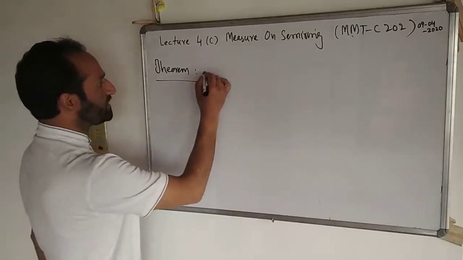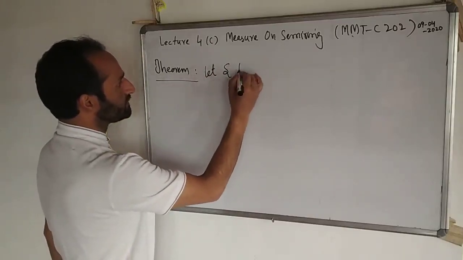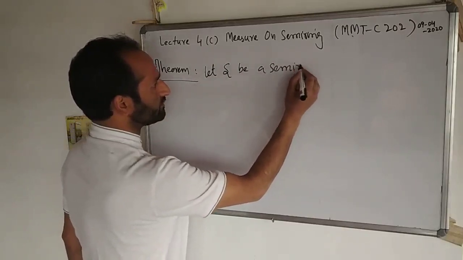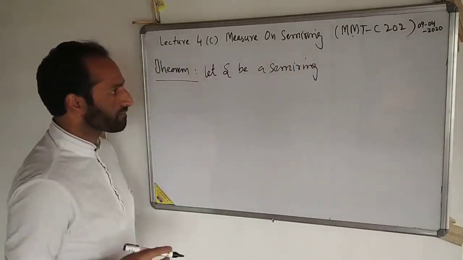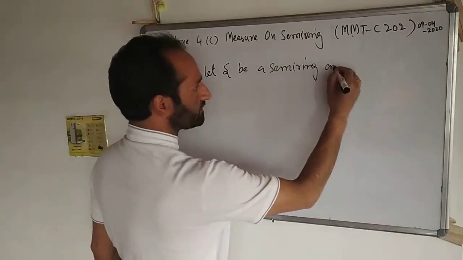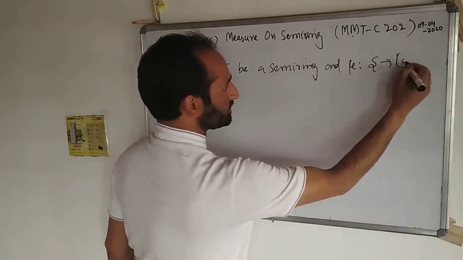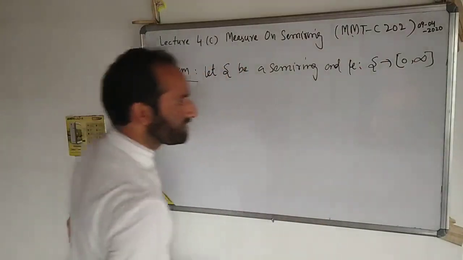Let S be a semiring, and mu is a set function from S to [0, infinity].